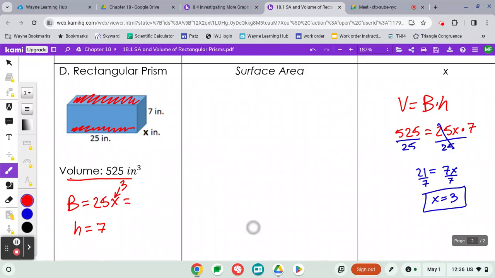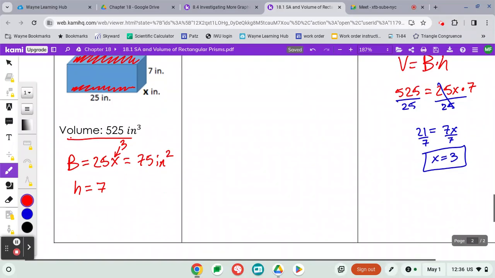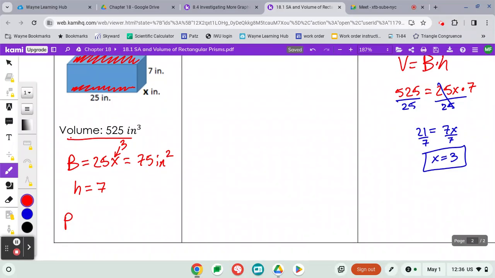We just multiply 25 times 3, 75 inches squared. Right? Our height is still 7. Now we also need our perimeter of the base. What's the perimeter? So 25 plus 3 plus 25 plus 3, what do we get? 56, good.